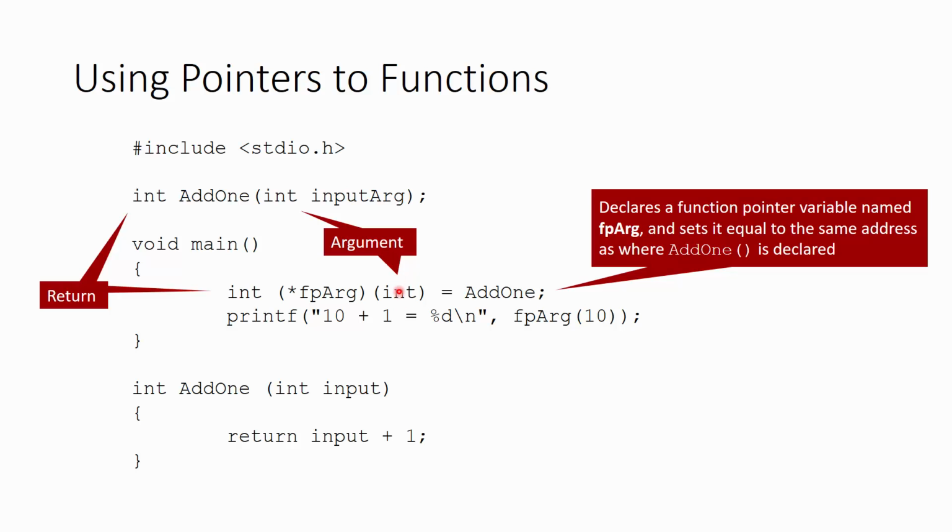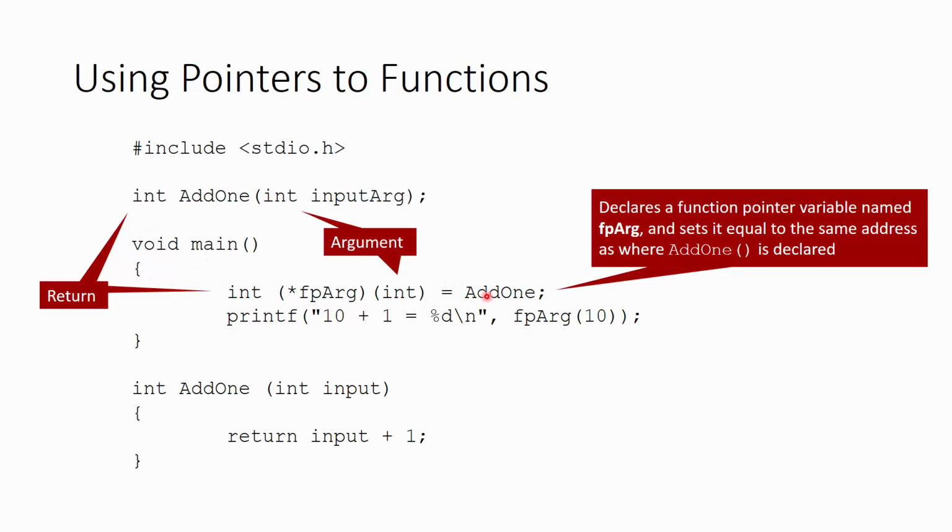That's what this argument here, or this parameter name in parentheses, means, and the little arrows here show that this is the same as the integer that's absorbed by add1. And then the int on the far left here of our fparg statement is telling us that these things return the same thing, an integer.